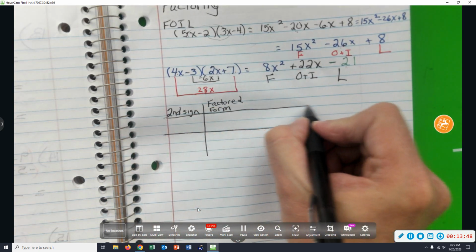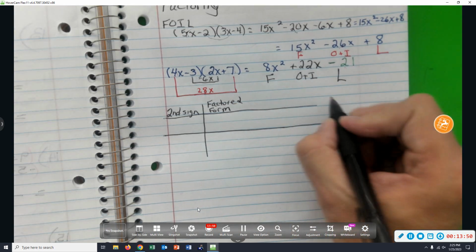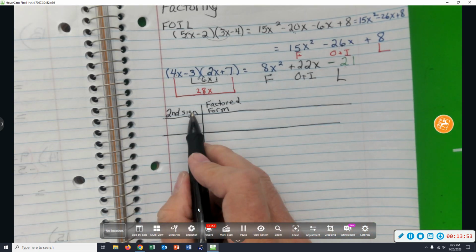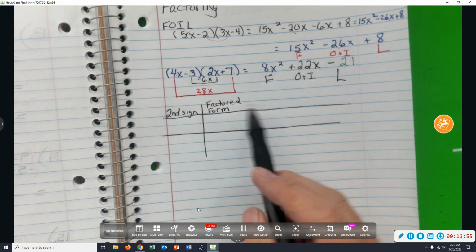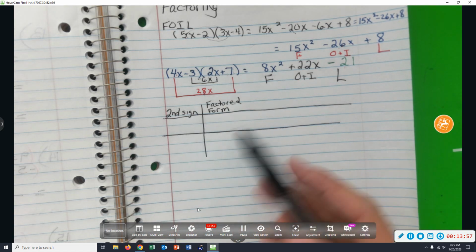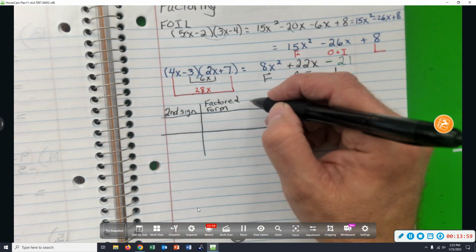Okay, the first column of this table says second sign. The second column is factored form.